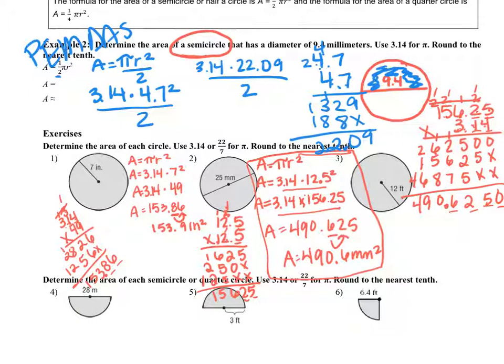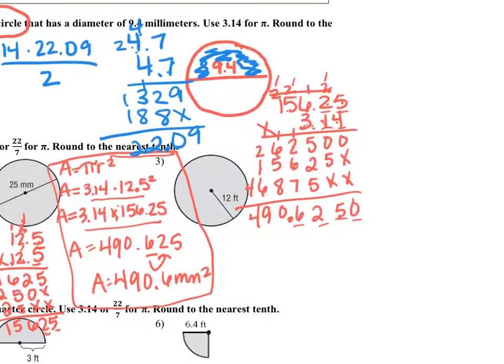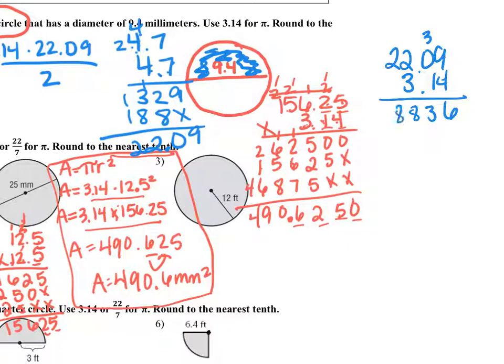It's a lot of arm work. Okay, I'm going to come over here. 22.09. No, I have to multiply it by 3.14 first. I don't want to go too fast.